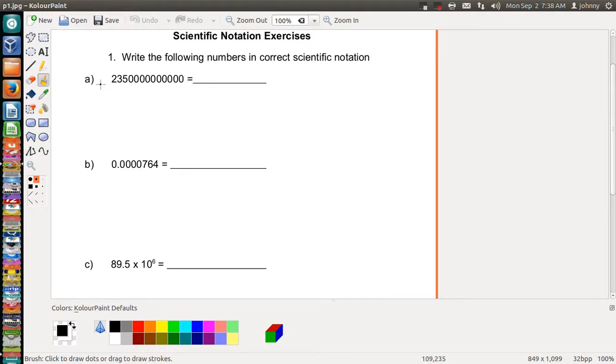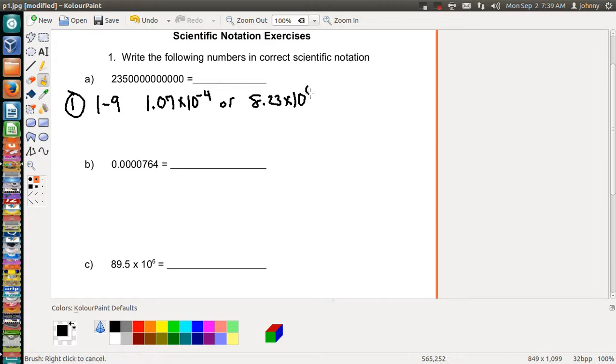Remember, in scientific notation our first rule is you have to have a number in front of a decimal that is the numbers 1 through 9, meaning you want it expressed as something like 1.07 times 10 to some power, like to the -4, or to a positive power, so something like 8.23 times 10 to the 6th.